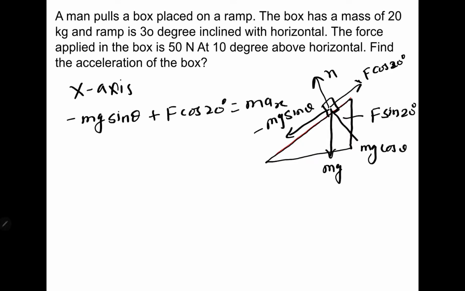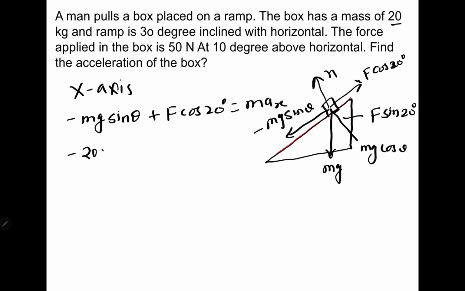Our goal is to find the x acceleration. So that's why let me put values from the equation. What is the mass? Mass is 20 kg, right? It's right here, which is 20 kg.